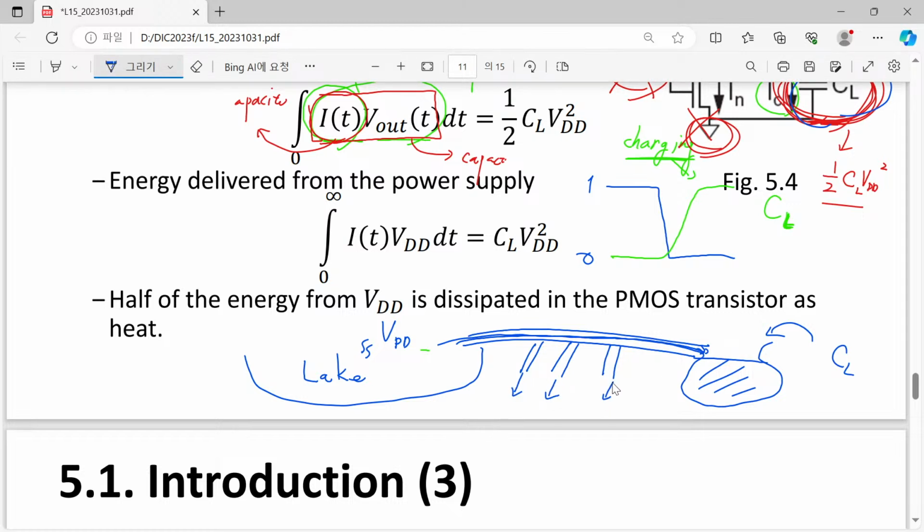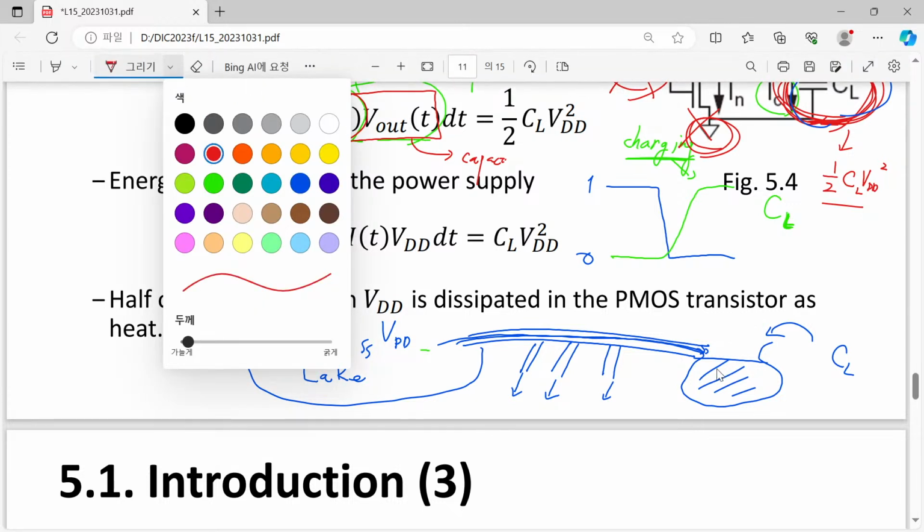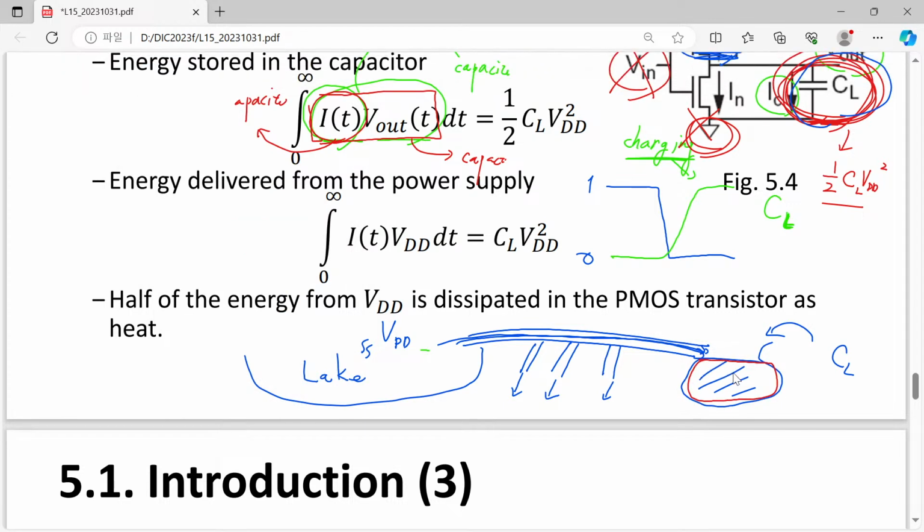So now I'm saying that after this filling period is over, we will have a certain amount of water collected in this jar. However, we can also think about how much water is just wasted to move from one position to another position.